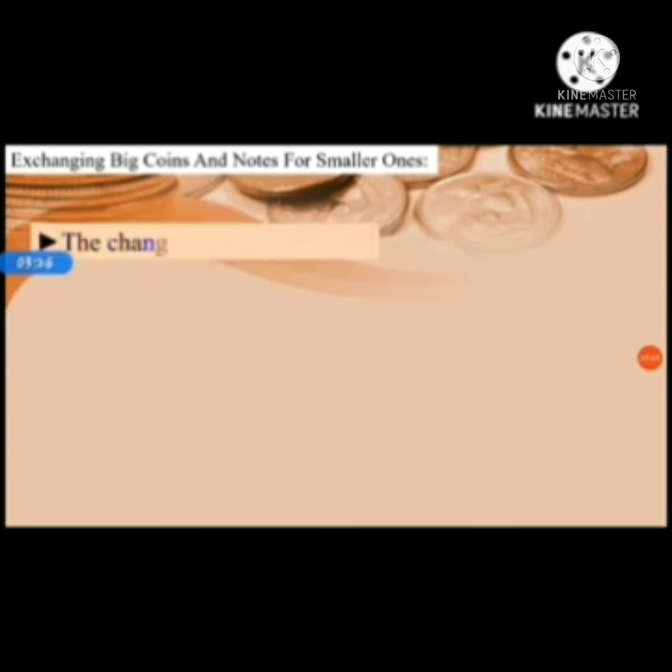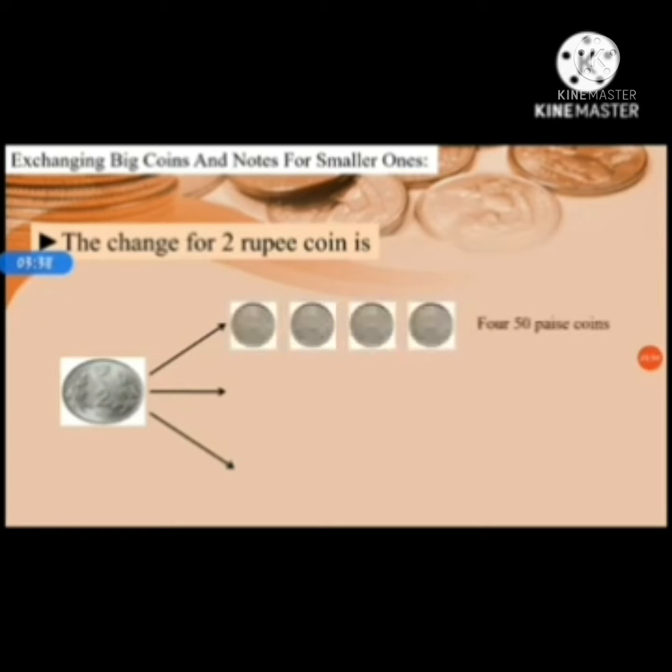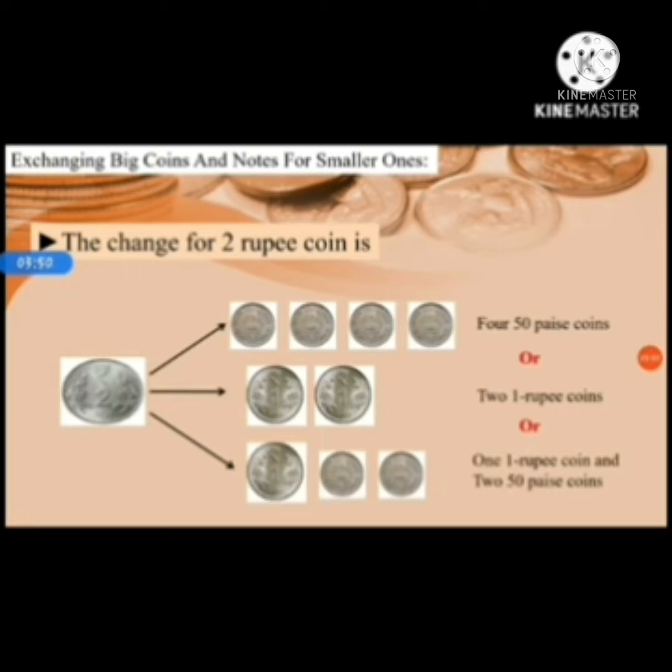Next is the change for 2 rupee coin. For a 2 rupee coin, how will we get the change? See here, can you tell me? Yes, now see, we can take 1 rupee coins, or we can take 1 rupee 1 coin and 50 paise 2 coins.